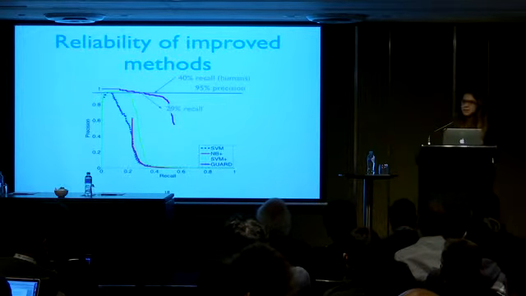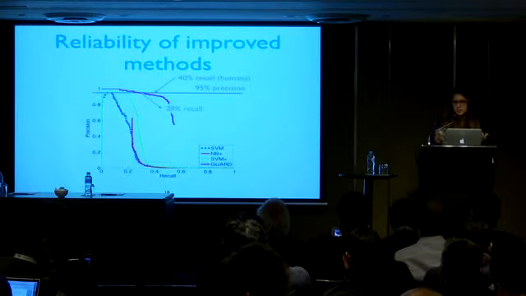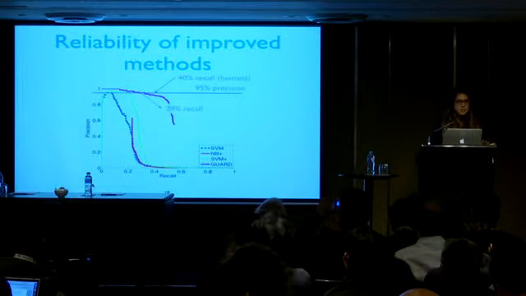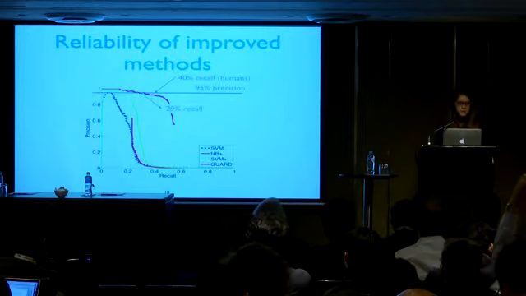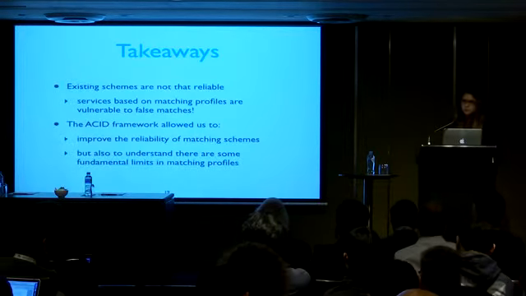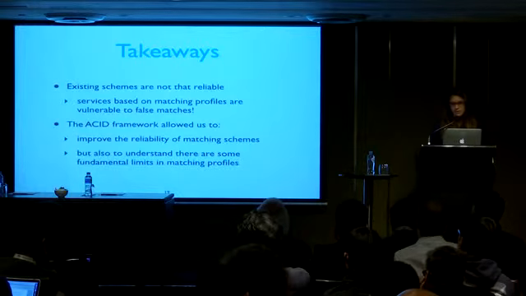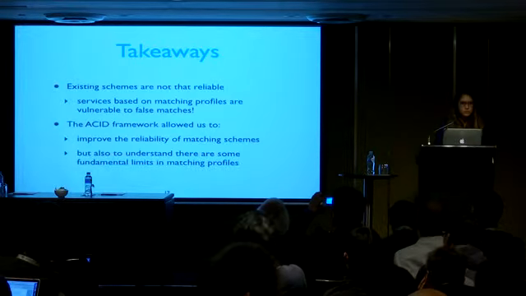And secondly, if someone says that they can achieve a 90% recall for a 90% precision, it is probably impossible, because even humans are not able to achieve such high accuracy. So what you should take home from this talk is that existing schemes are not that reliable, and that services based on matching profiles are vulnerable to false matches.